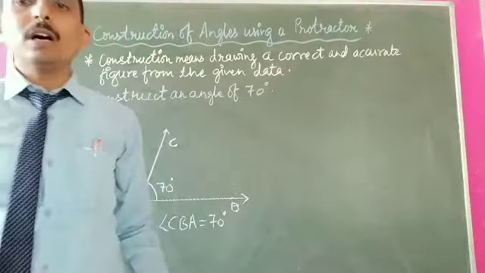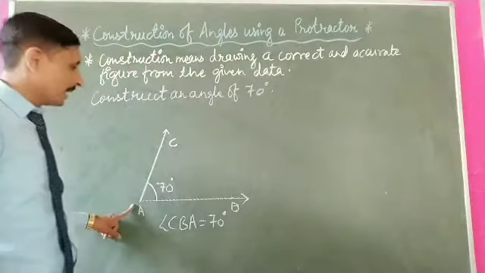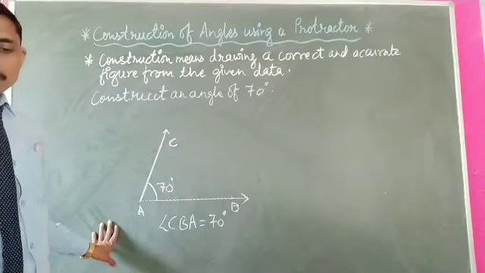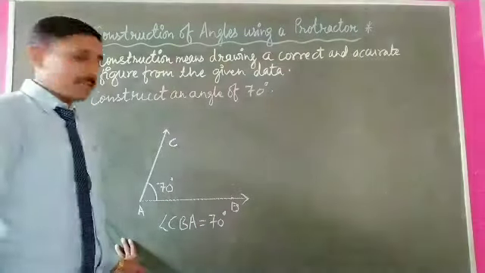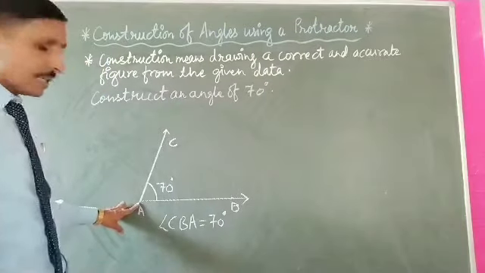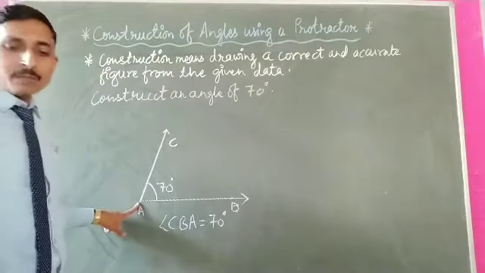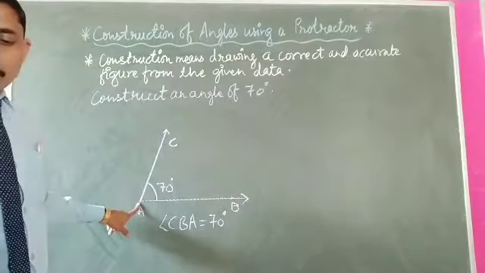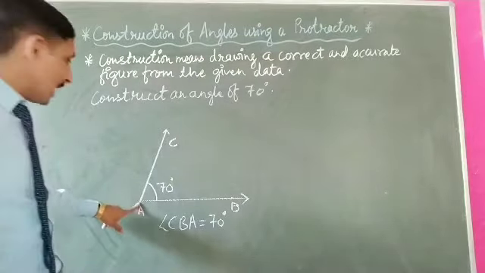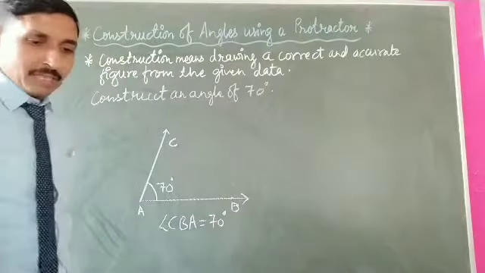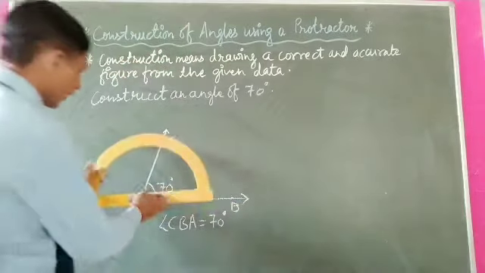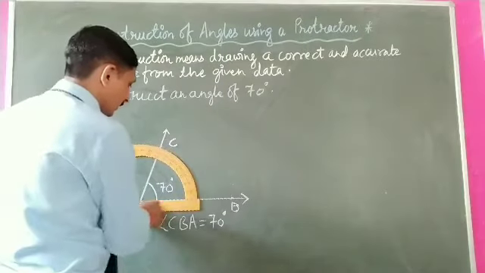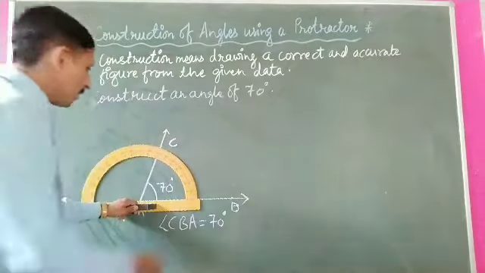Now what do we have to do? First of all, draw a ray AB, and the next step is to place the protractor with center A and the baseline on the ray AB.